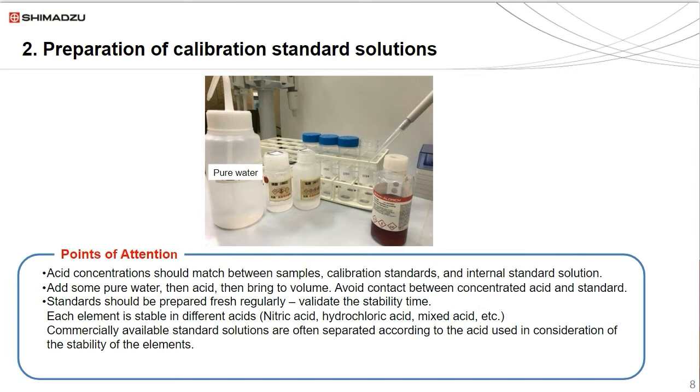Different elements are stable in different acids, but generally for pharmaceutical analysis, nitric acid with 0.5% hydrochloric acid to stabilize mercury works for a wide range of elements and sample types. Units of the standard dilutions are in weight per volume, the same as for sample preparation.